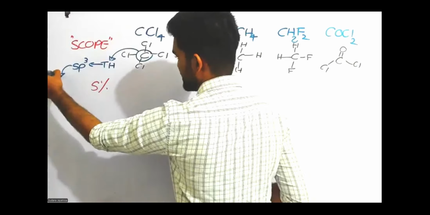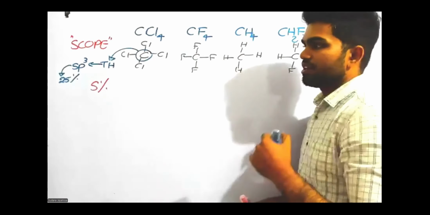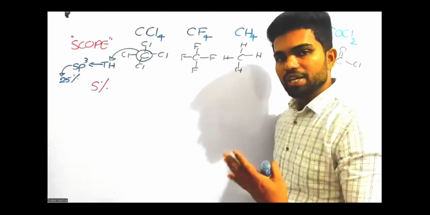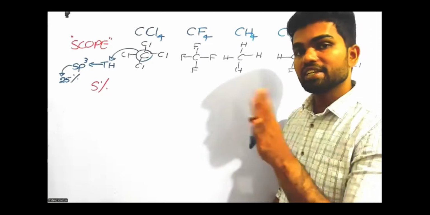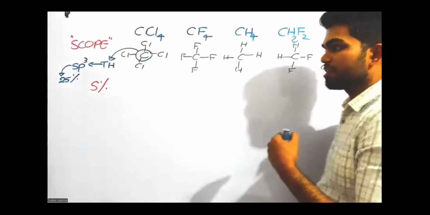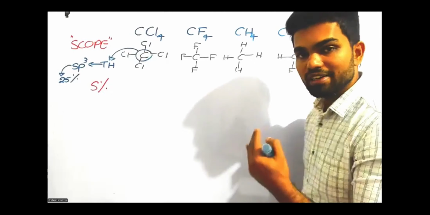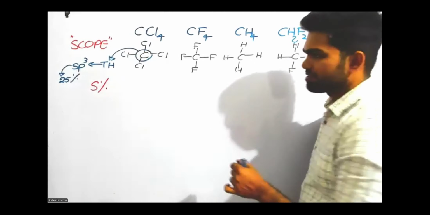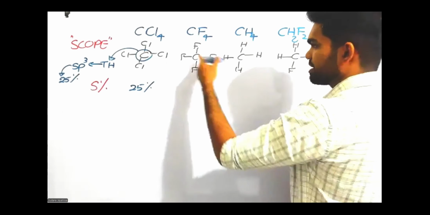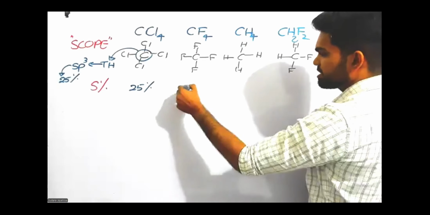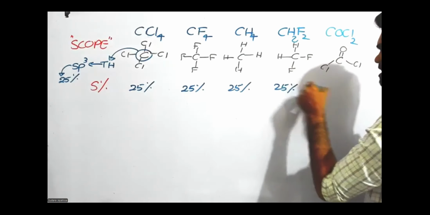For sp3 hybridization, the S percentage is 25%. That means one of the 4 orbitals participating in the hybridization is S, 1s and 3p. So 1/4 is S, which is 25%. For any tetrahedral molecule, the S percentage is the same. For the first 4 molecules, S percentages are 25%.